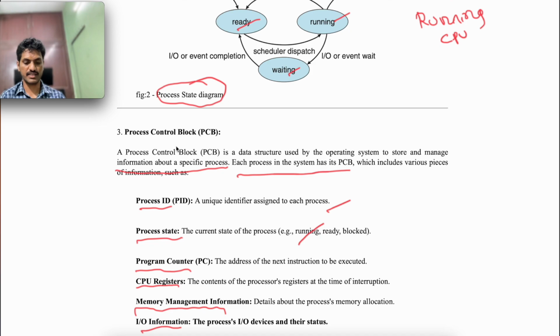CPU registers: what are the CPU registers storing at that moment? They also store IO information. These details are available in the process control block. Okay.